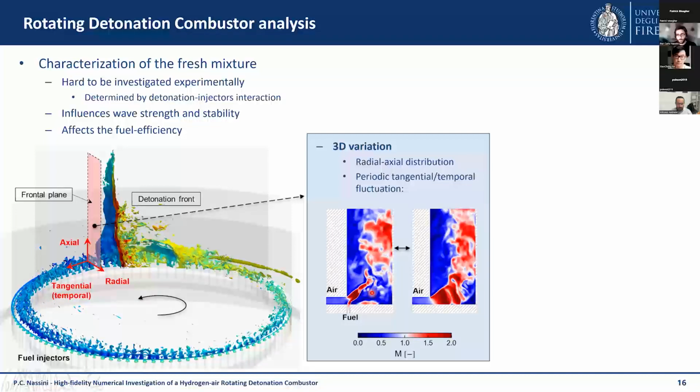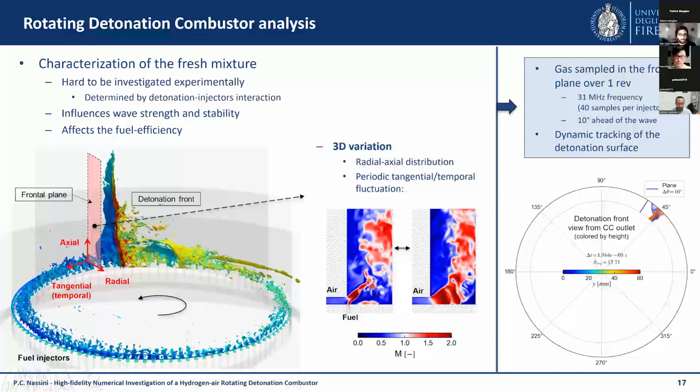So what we did to study this gas was sampling the gas state in this frontal plane during a complete revolution with a very high frequency. This is specifically 31 megahertz, which corresponds to about 30 samples per injector pitch.